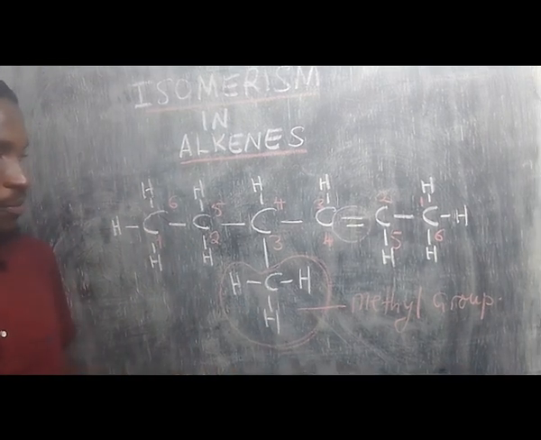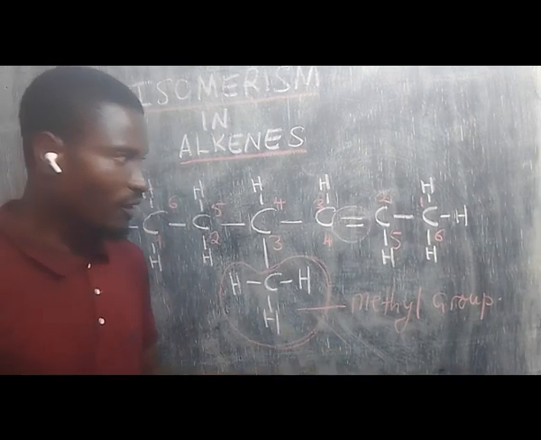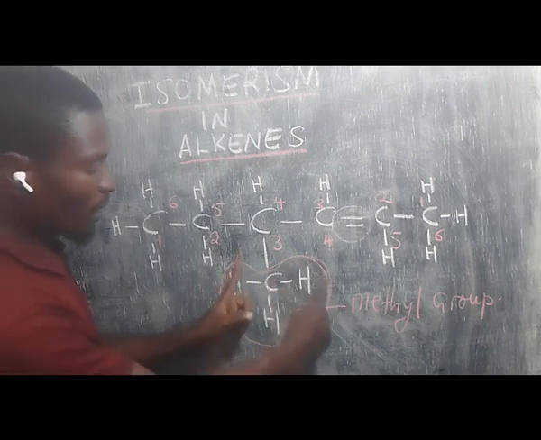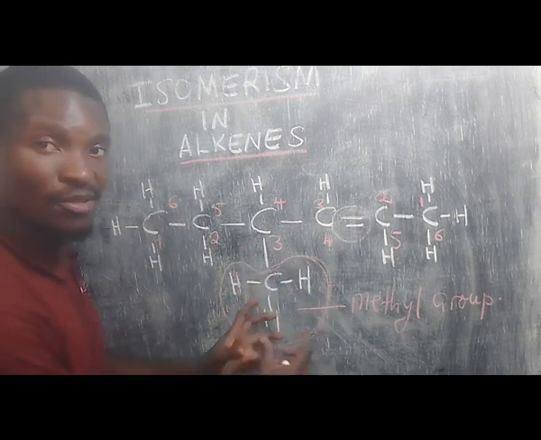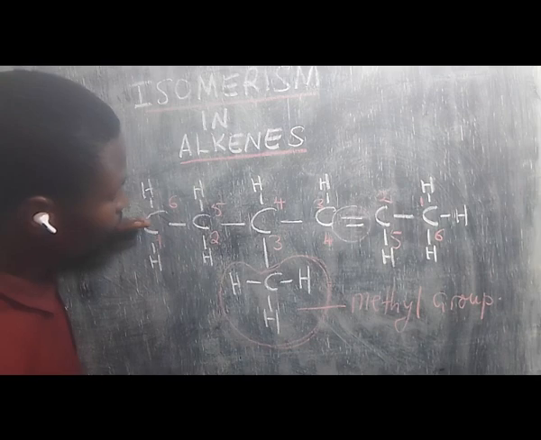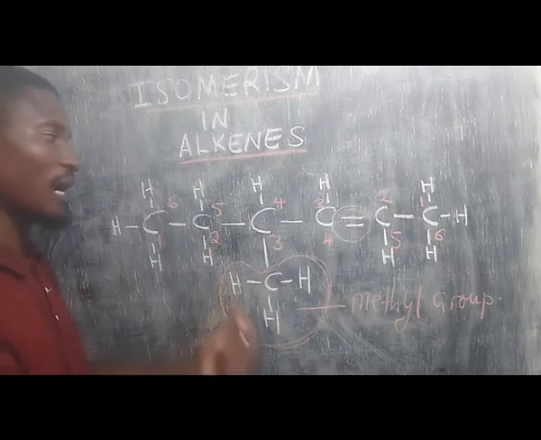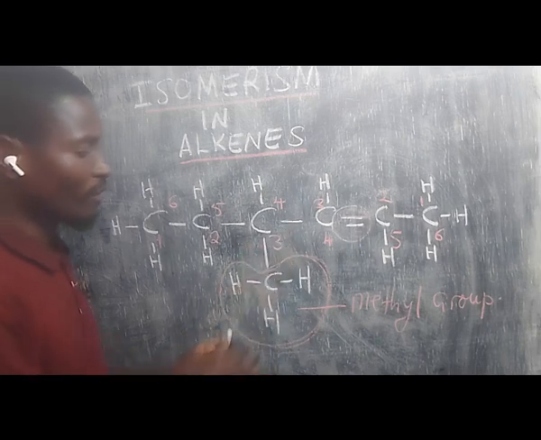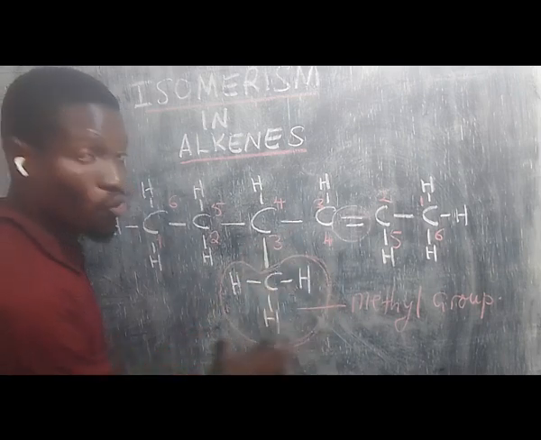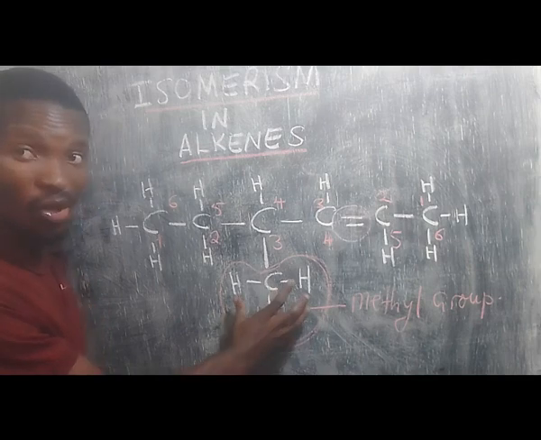That is the methyl group. So after you have done that, you also have to indicate at what position of carbon from this normal chain, the unbranched chain, the methyl group is branching off.